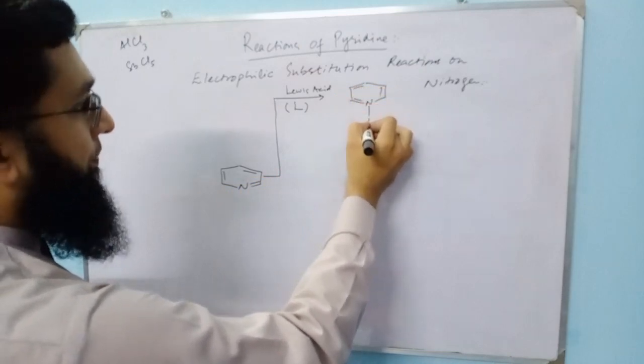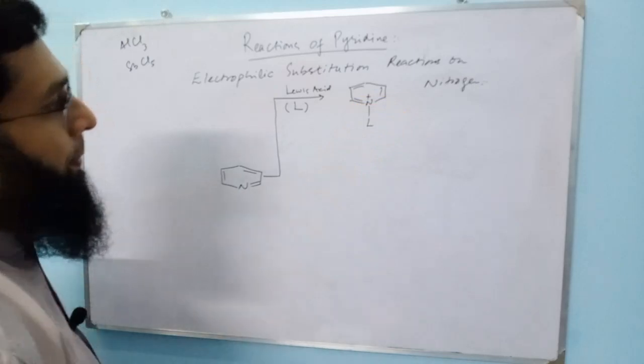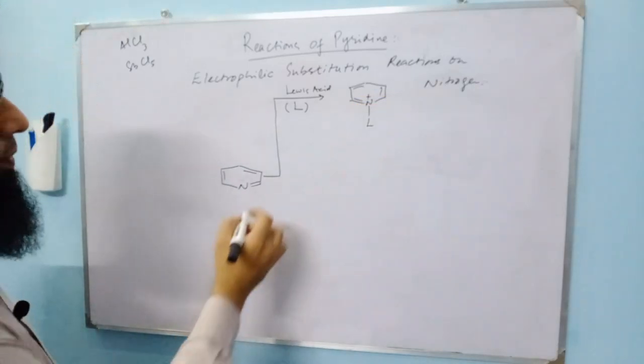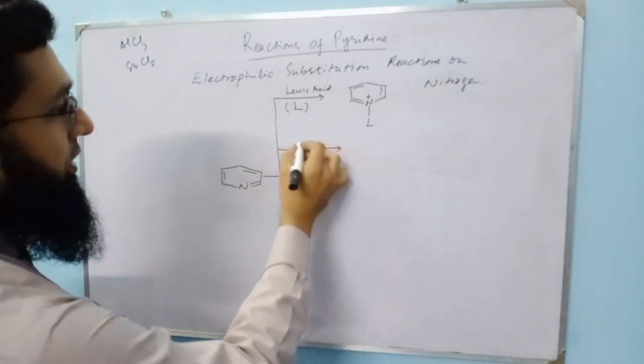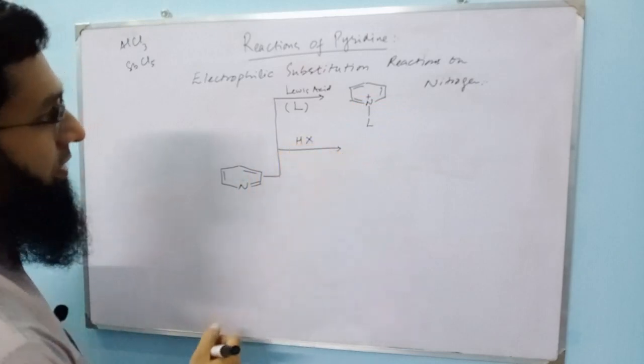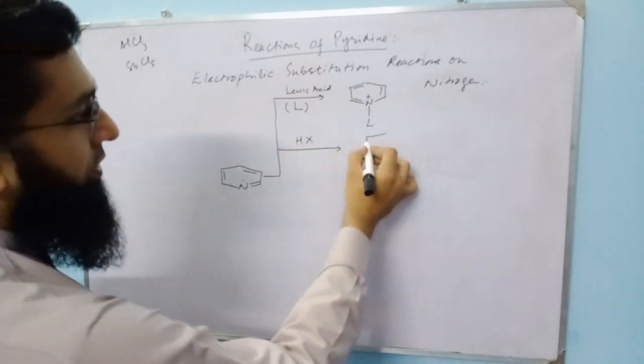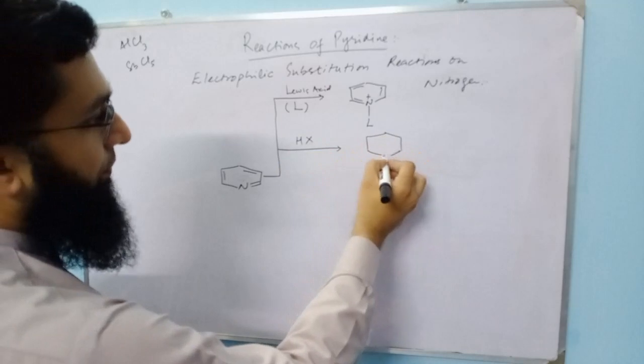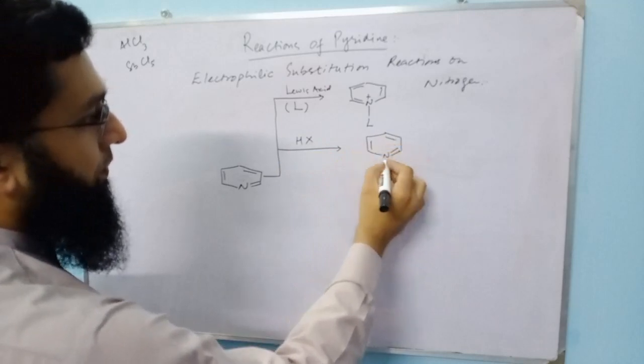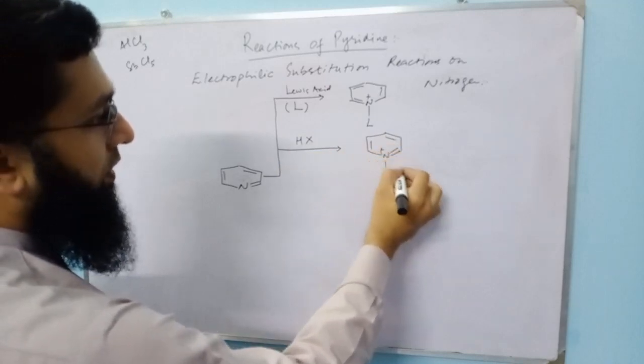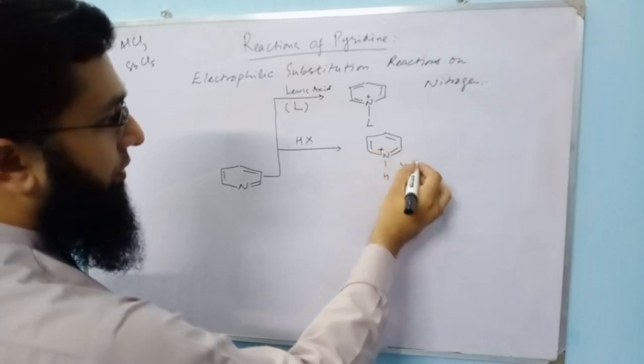If we react pyridine with a Bronsted acid HX, protonation takes place at nitrogen, and this salt is formed.